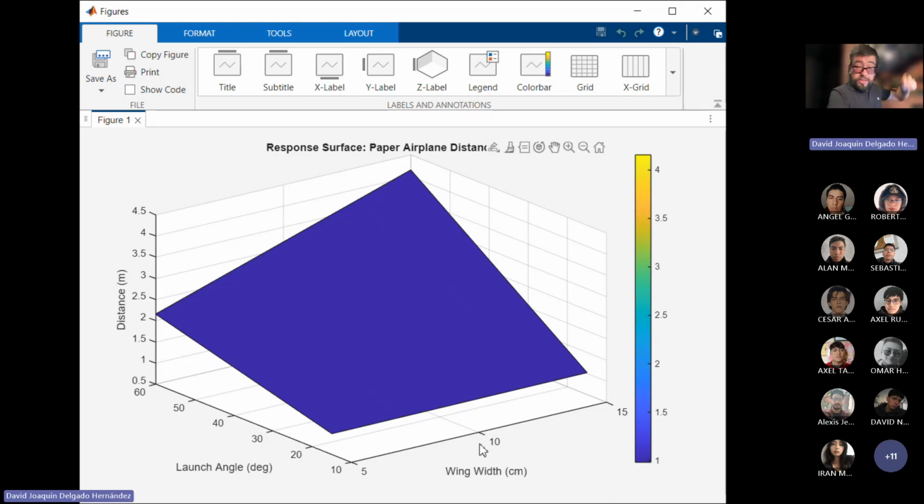Look, you have three different axes. In one axis, you have the wing width, which is this axis here. In the other axis, you have the launch angle. You can measure that in degrees and the wing width in centimeters. And in the vertical axis, you have the distance.